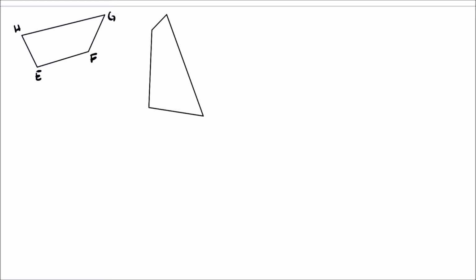And this guy is going to be called A, B, C, and D. And here's what we know. This G and this B have a single dash, and this D and this F have a double line. And so first question is, which angles are congruent?